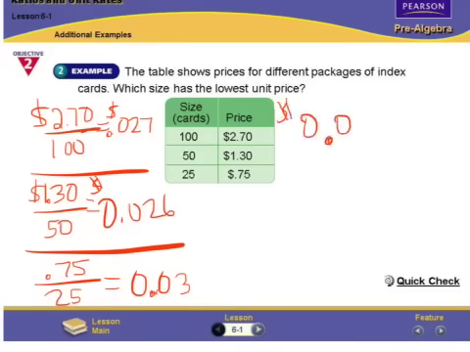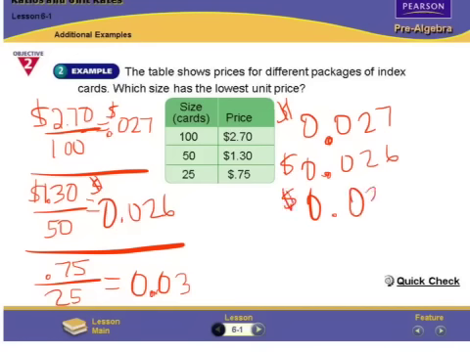And I'm just going to take our three prices and write them in a stack so that we can see with our decimals lined up and our place values lined up which one of these would be the smallest number. As you can see, I have all zeros and all zeros. Here I have 2's and I have a 3.